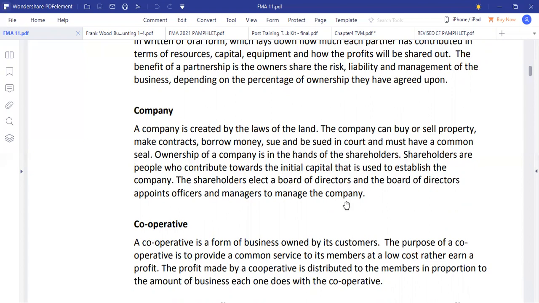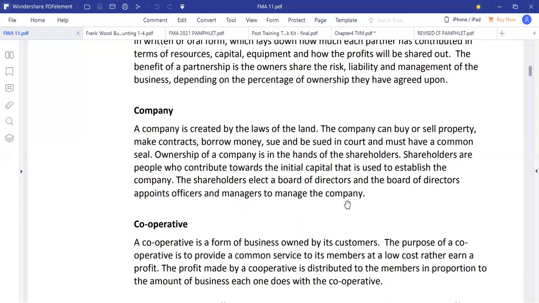A company, on the other hand, has a larger pool of resources because it can borrow money from banks and larger corporations. The ownership in this kind is in the hands of people we call the shareholders. These are the people who contribute monies towards capital, and this money is called shares. The shareholders will also elect directors who will appoint managers who manage the company.